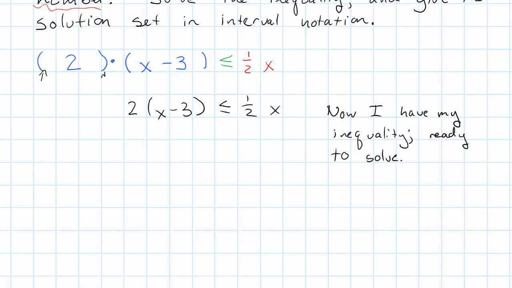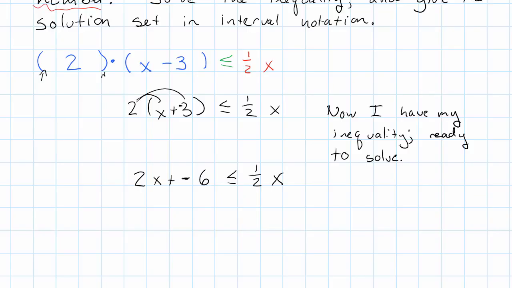My first move is to get rid of these parentheses. Remembering that minus means plus the opposite, I'm going to distribute the 2, and that'll give me 2x plus negative 2 times 3, which is 6, is less than or equal to 1/2 x.